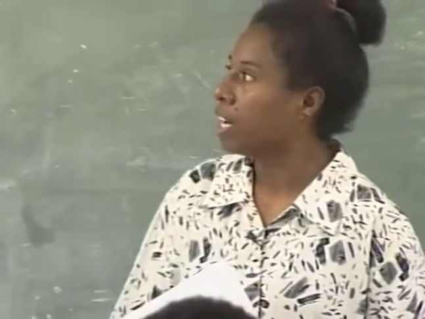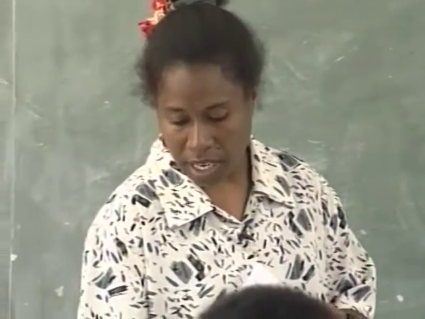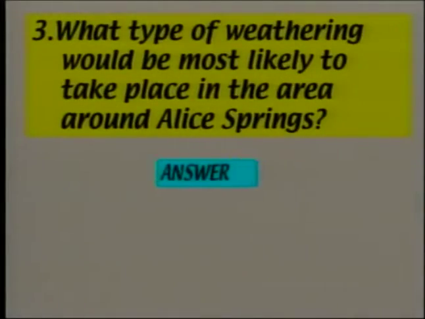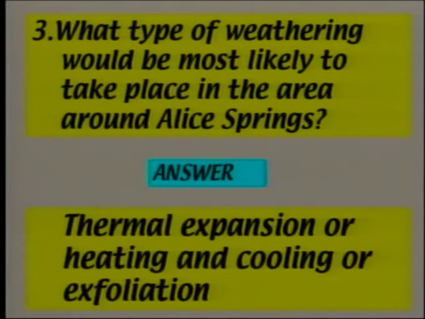If you also have heating and cooling, or if you had exfoliation, that will also be correct. Frank, would you like to explain why we have accepted the answer for that question as thermal expansion, heating and cooling, or exfoliation? Why don't we say that area will be experiencing weathering or freezing and thawing?